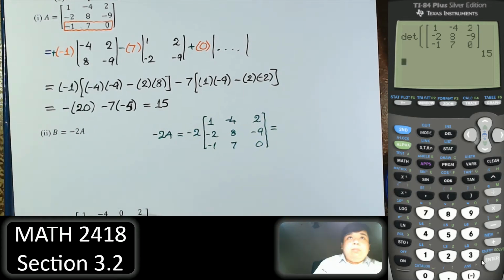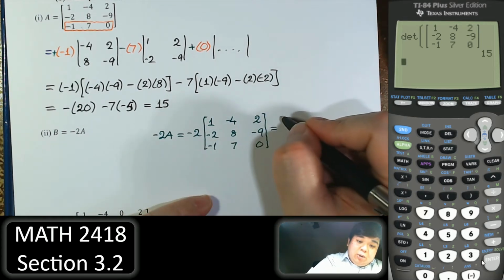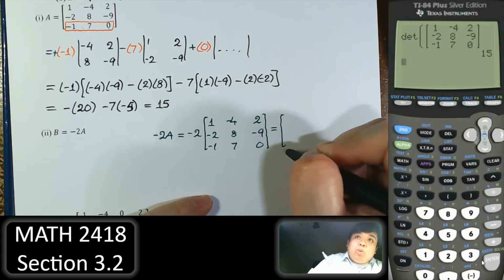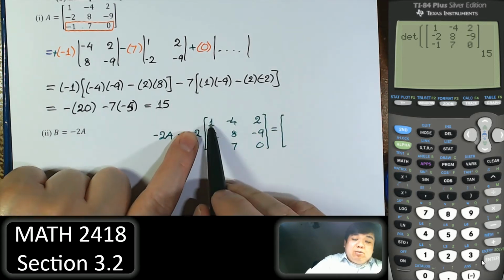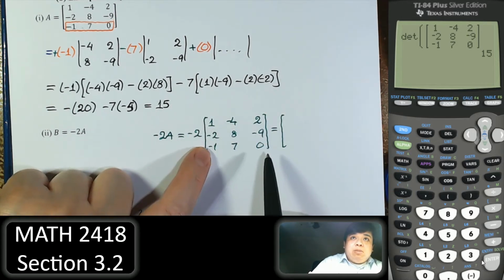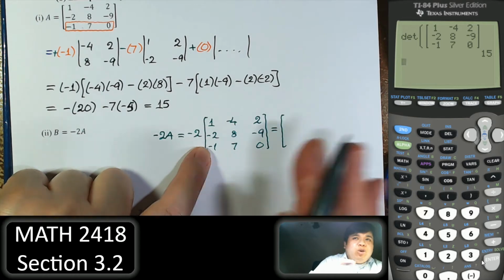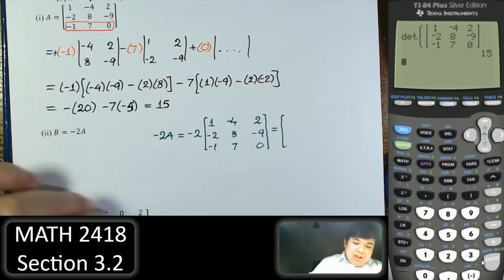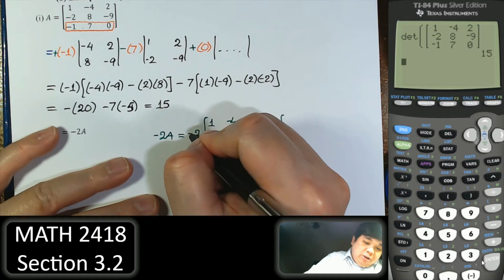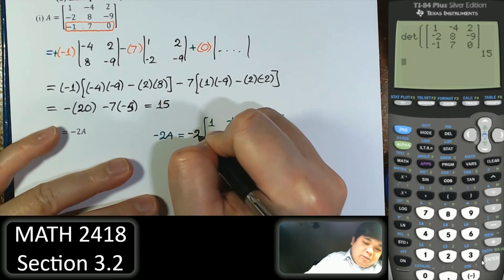When we multiply -2, what do we do? We multiply -2 to every row or every column. In fact, I'm not going to write that. We just say -2 is multiplied to every row or every column.